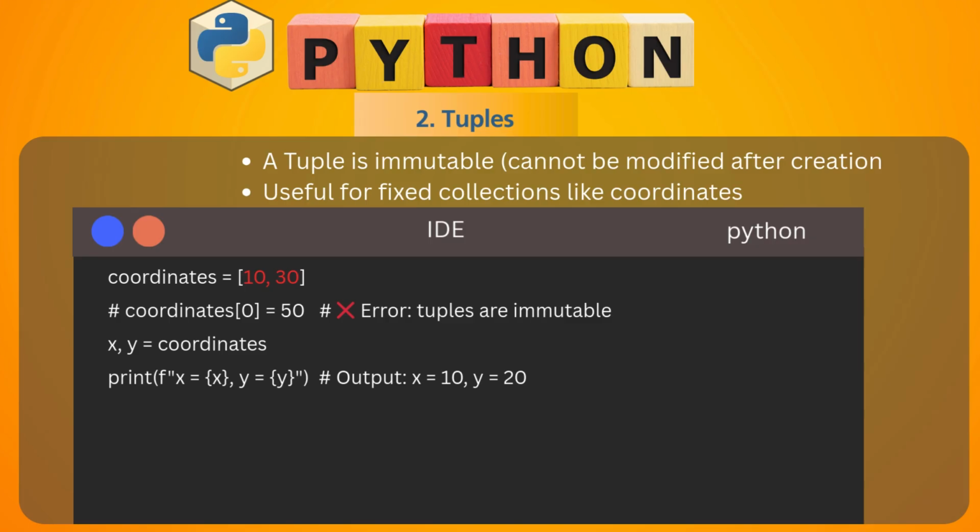Here x gets 10 and y gets 30. Why use tuples? First, when you don't want data to change, like constants and fixed coordinates, you can use a tuple. Second, tuples are faster than lists in Python. Third, they are often used as dictionary keys or function return values. So remember, lists are flexible but mutable, while tuples are fixed but safe. If you want your data locked, use a tuple.